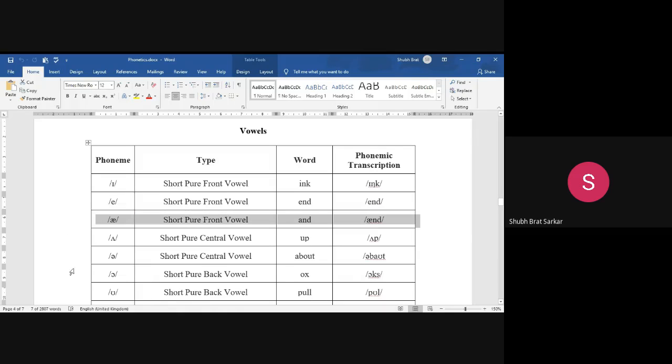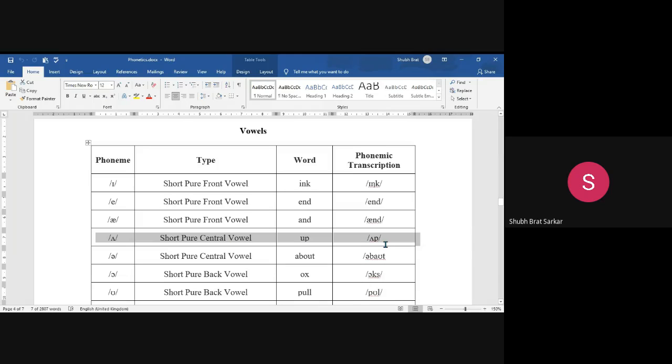Third short vowel is A. It is a short, pure front vowel, as in word and, that is produced of 3 sounds: A, N, D, in the strong form. Fourth vowel sound, A, short, pure central vowel, as in word up.